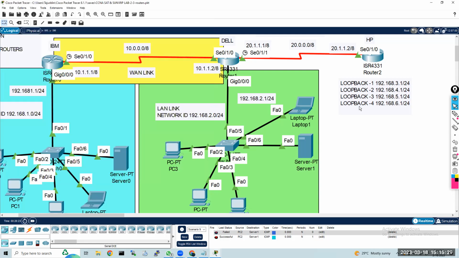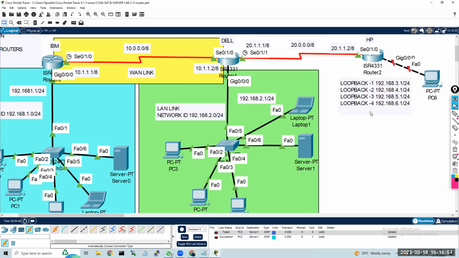Okay, so now can we attach one PC here? Let's do that. So let me connect one desktop here. Let's connect automatically.